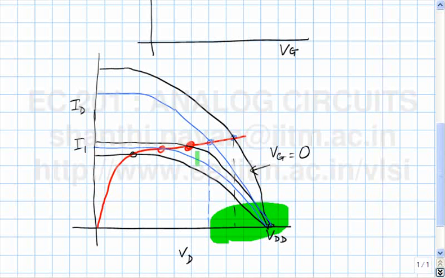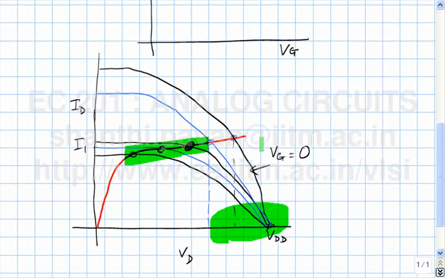But the moment I come to a situation where both the transistors are in saturation, even a small change in the Vg will result in a large change in the point of intersection. What does that mean physically? It means that the gain is very, very large in that region where both are in saturation.